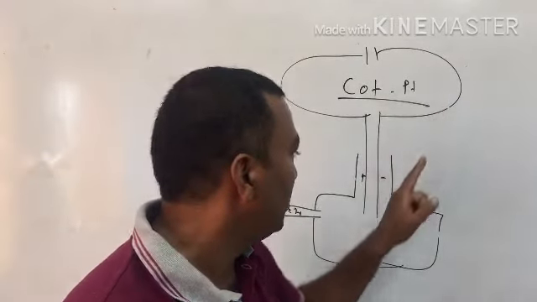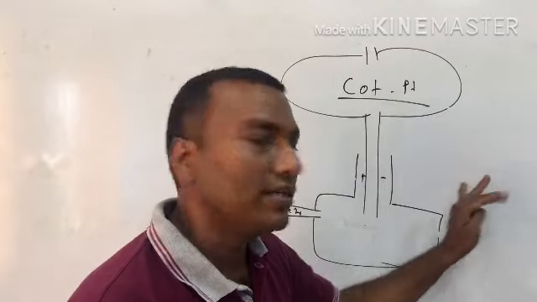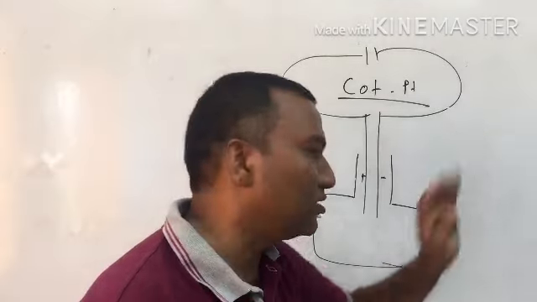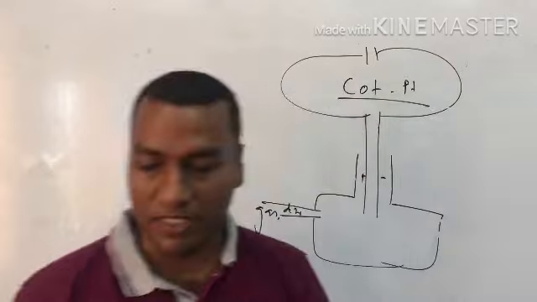When we switch this off, the dust particles settle down and we get a pure gas only. Suppose only pure carbon monoxide gas will emit to the atmosphere. This is called the electrical precipitator.